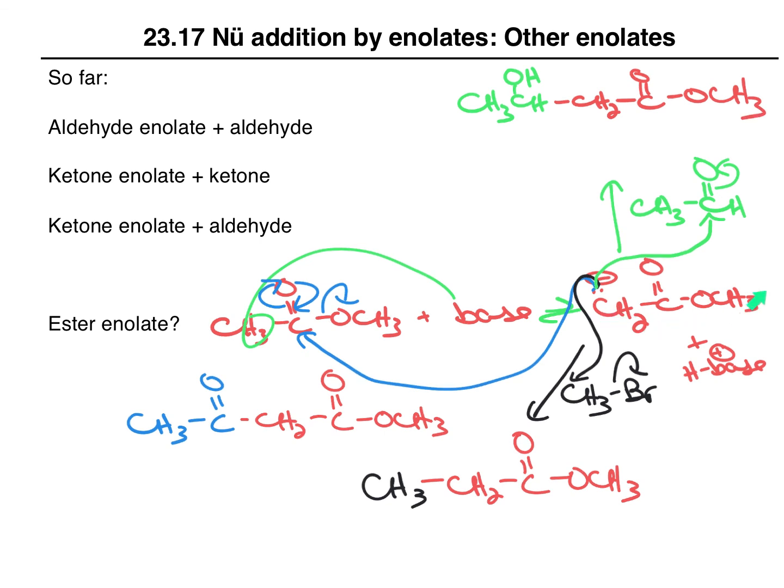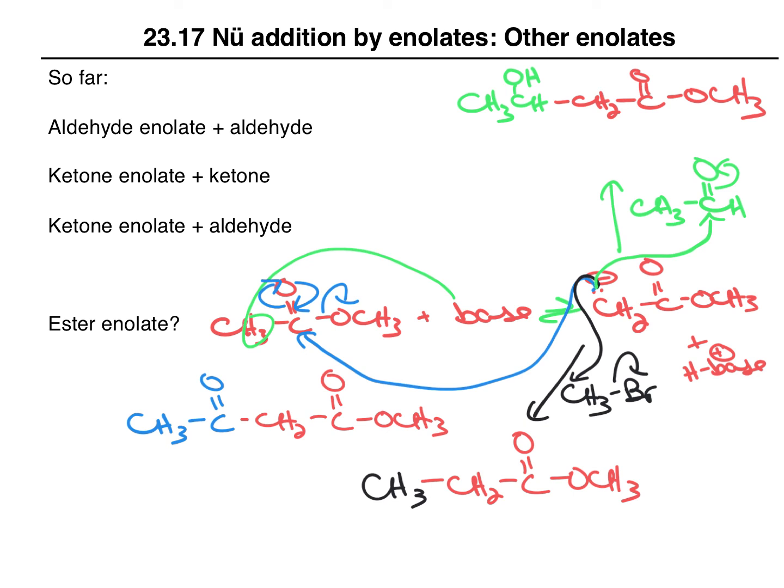So, if we generate an ester enolate, it could potentially add to an aldehyde to do nucleophilic addition, which would result in the formation of a product like this.